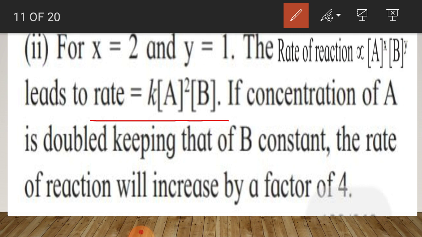Now here if the concentration of A is doubled, keeping B constant, the rate of reaction will increase by a factor of 4.